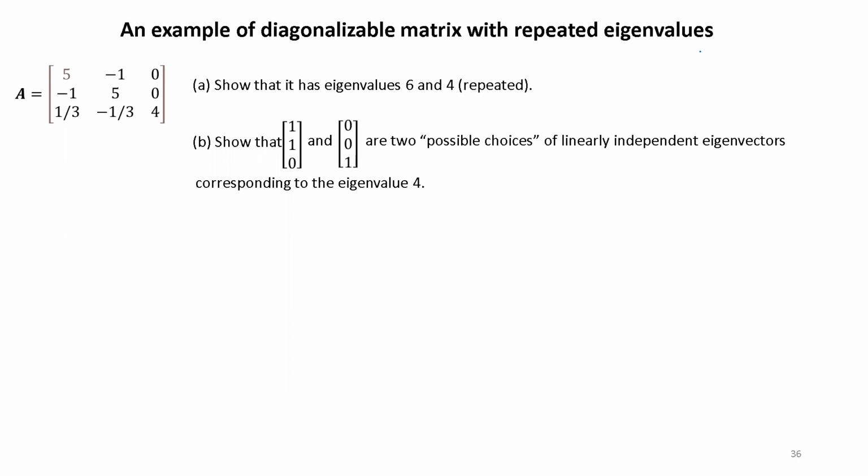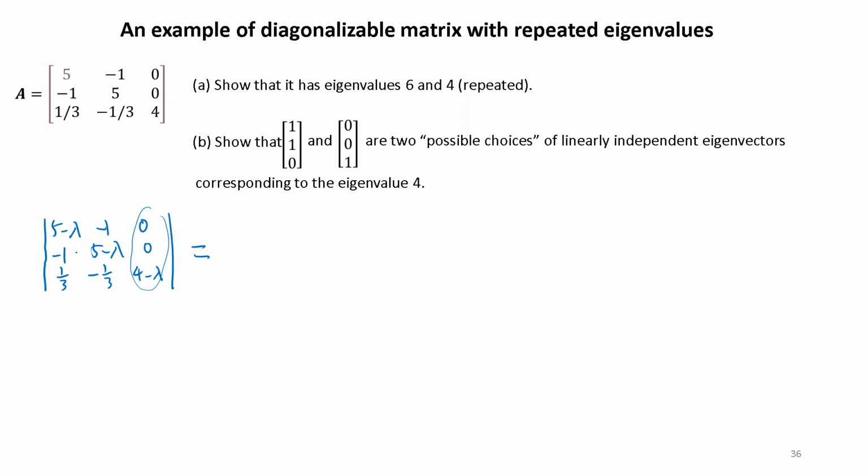Right, so let's find the eigenvalues. Although this is a 3x3 determinant, it's actually easy to do because I have two zeros over there. So 5 minus lambda, minus 1, 0; minus 1, 5 minus lambda, 0. Since I have these two zeros, I'll just expand this determinant using this column here.